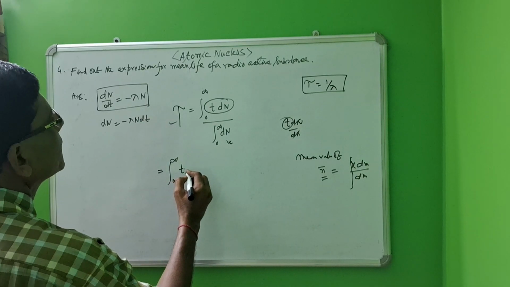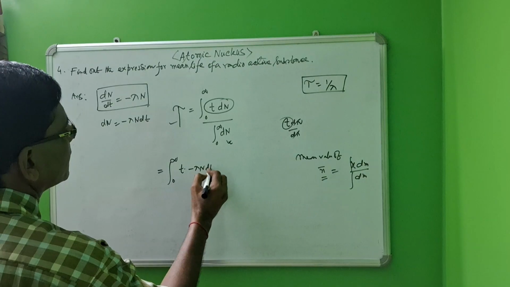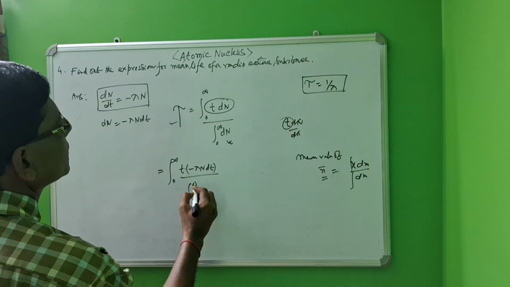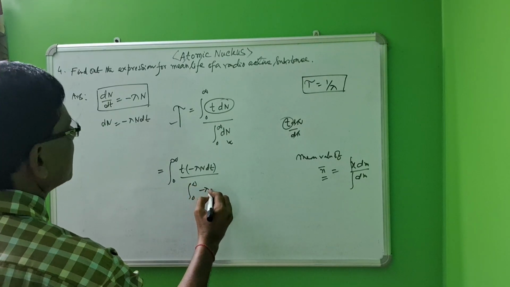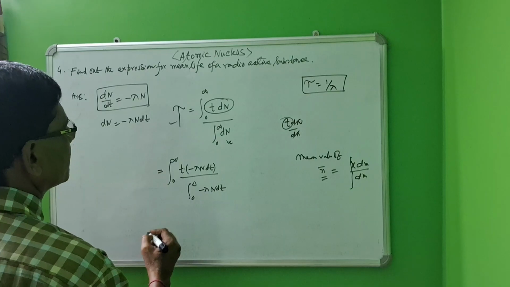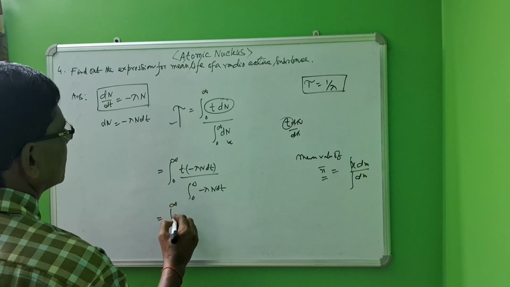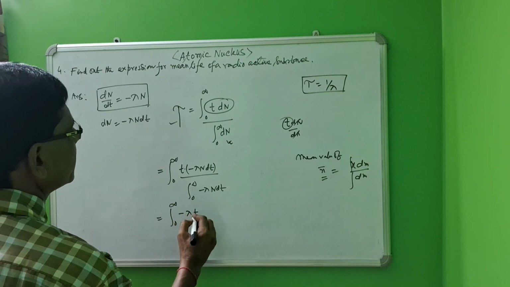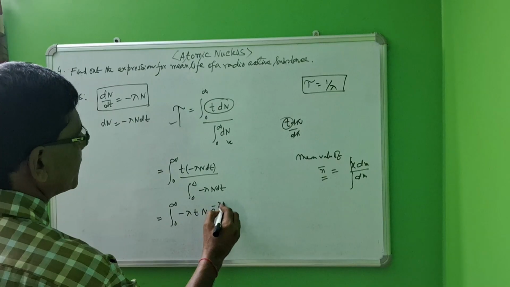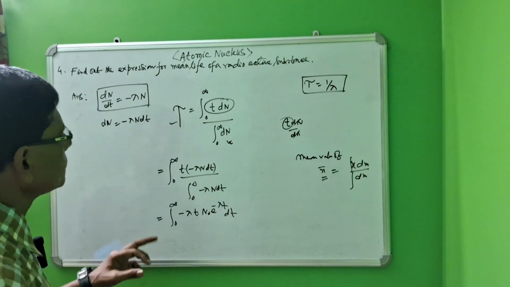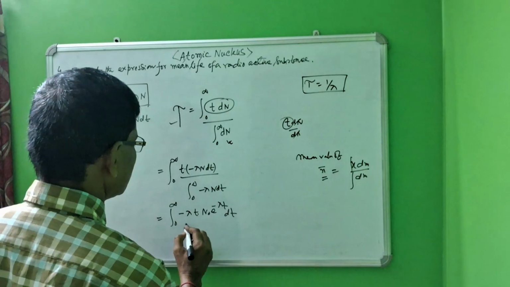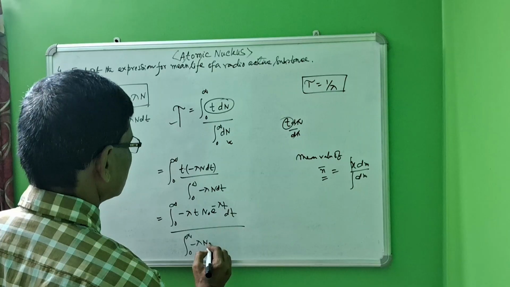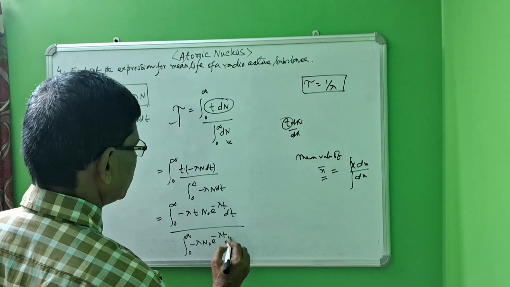So the integral of t times minus lambda N dt, divided by the integral from 0 to infinity of minus lambda N dt, where N equals N0 e to the power minus lambda t, so minus lambda N0 e to the power minus lambda t dt.